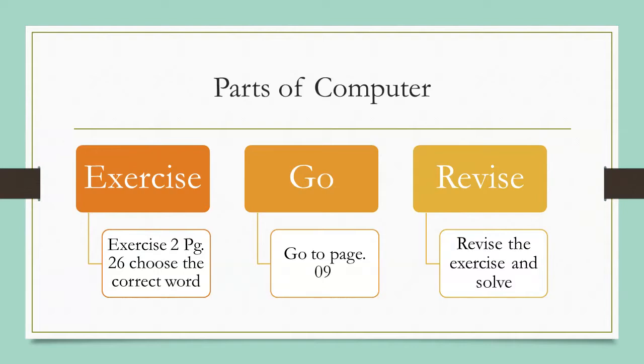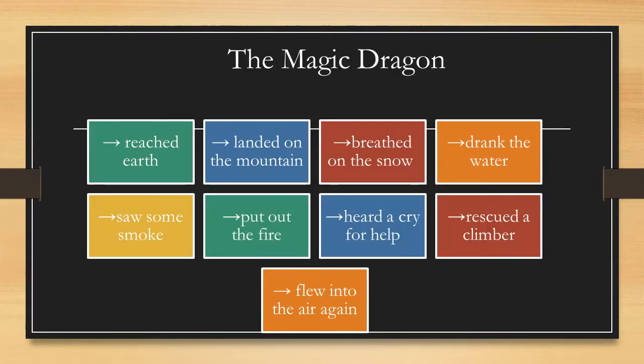Exercise number 3 is the magic dragon. We are given some notes. What we are going to do is read the notes about the magic dragon and then decide what is done before and what is done after. So let's read these notes.